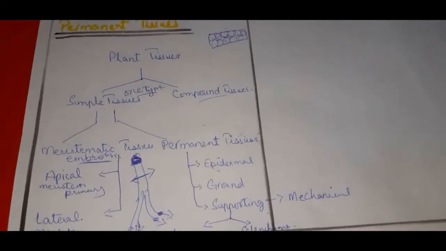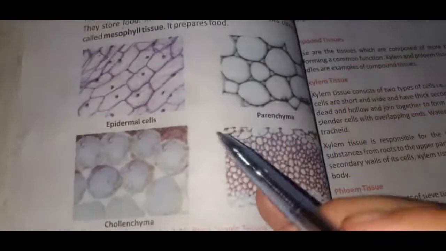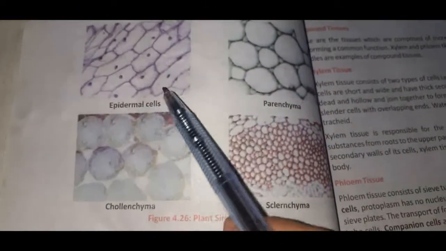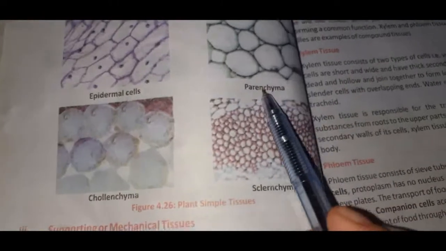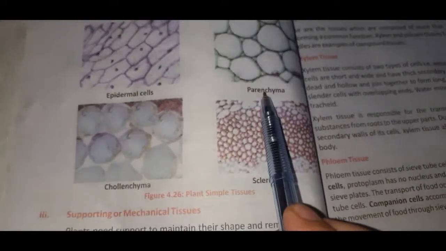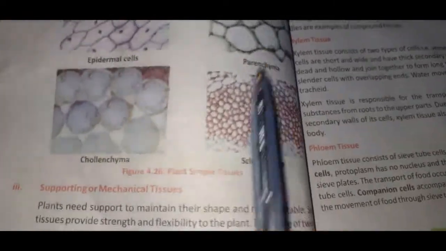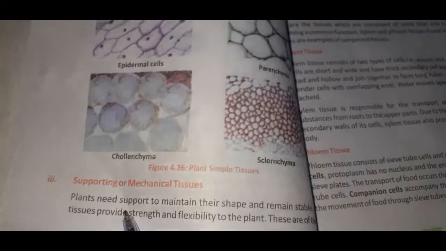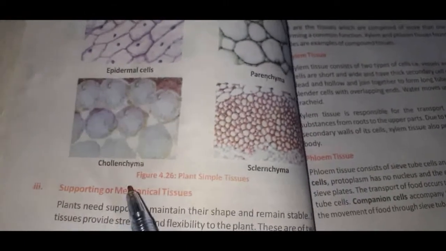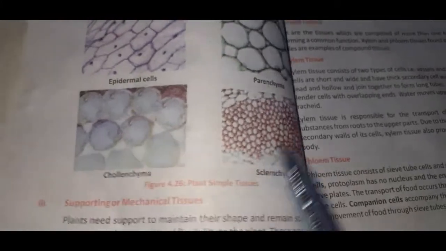Then, if you look at your page number 90, they have drawn all of them: epidermal cells, and then parenchyma. Parenchyma belongs to the group of ground tissues, and collenchyma and sclerenchyma belong to supporting tissues, because supporting tissues are further divided into two main groups: collenchyma and sclerenchyma.